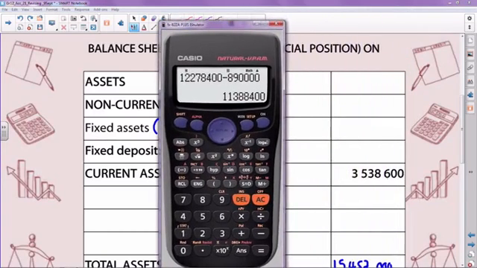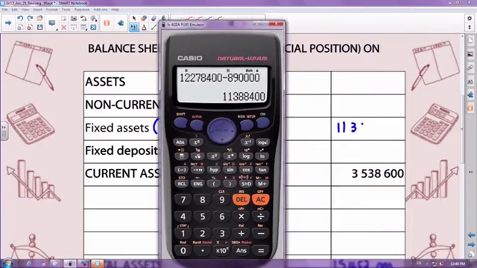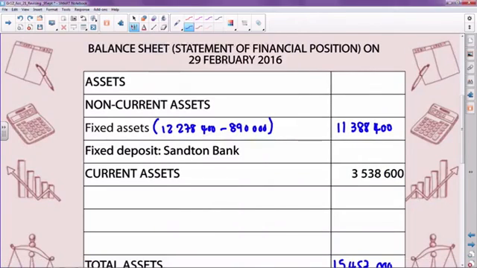So 11,388,400 would be the value of my fixed or tangible assets. Once again, recap: take your carrying value at the beginning of the year, subtract your depreciation for the current year. There was no purchase and no sale. Obviously, if there was a purchase or a sale, it would impact on that calculation.